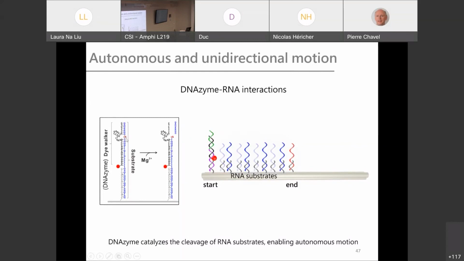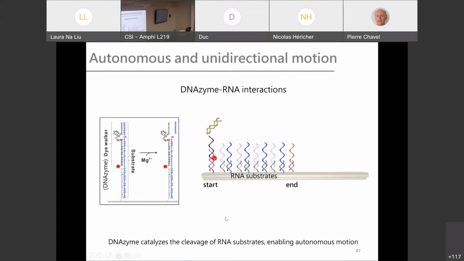Whenever it recognizes this RNA cutting position, then it will cut through in the presence of ions in the solution to break the RNA substrate, so that this strand can walk along the track without turning back, because this is based on the burnt bridge mechanism.